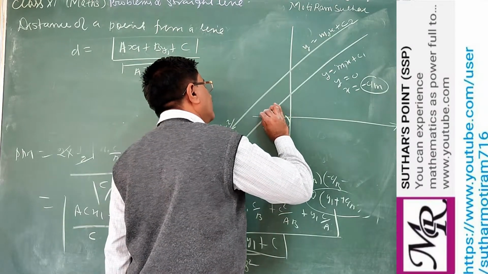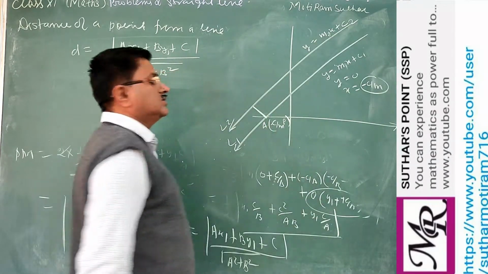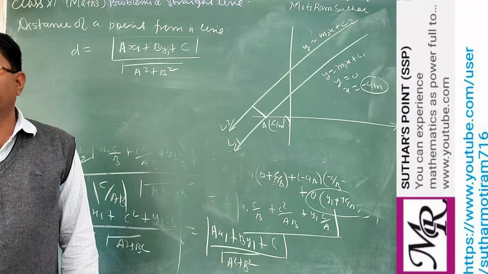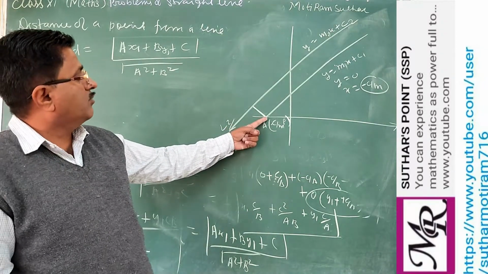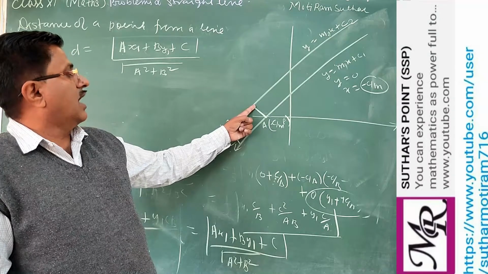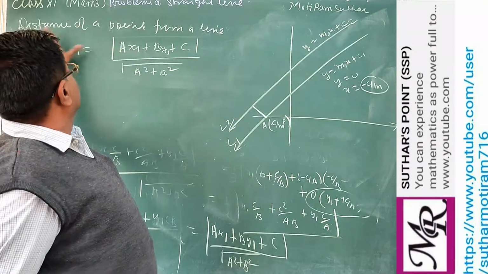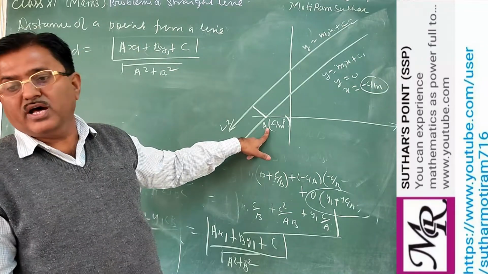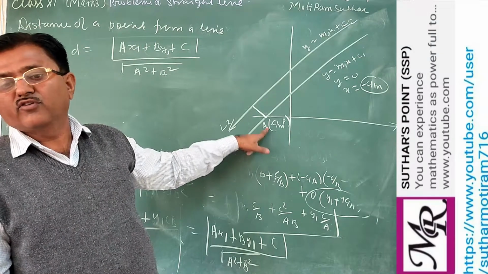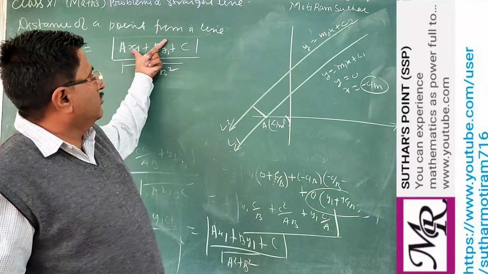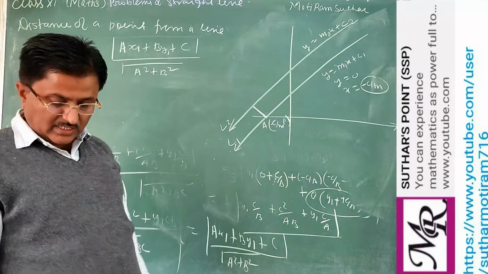Now to find the distance between these lines, in other words we can say to find the distance of point A from the line L2. Here we see the distance of a point. This is the point on the second line. From this, use this formula and we get the answer.